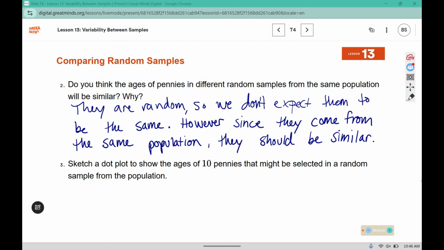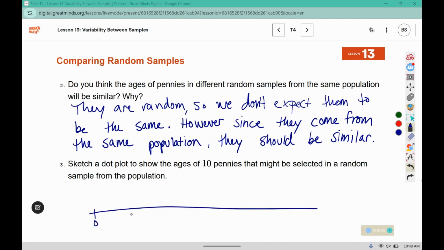Number 3 says to sketch a dot plot to show the ages of 10 pennies that might be selected in a random sample from the population. So just like we did for Sean's 15, we're going to do a similar thing by displaying what it might look like for a sample of 10.